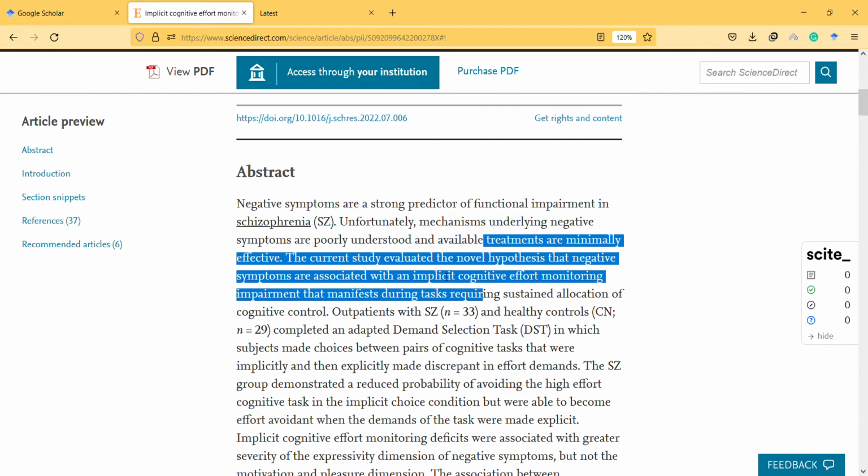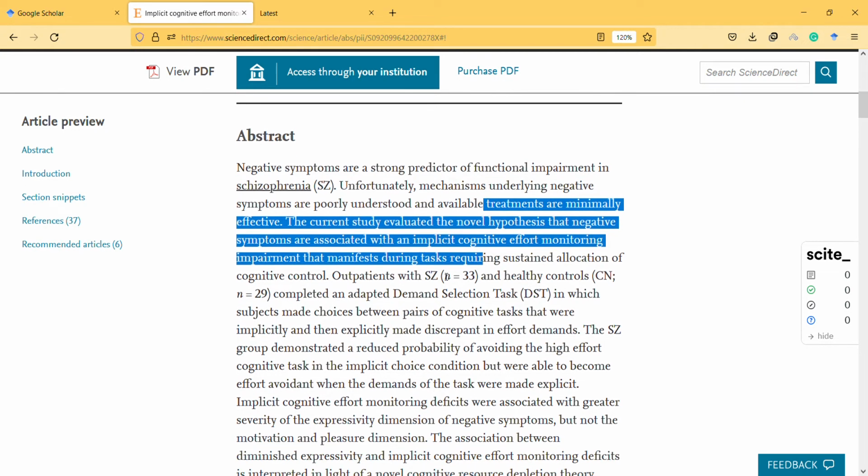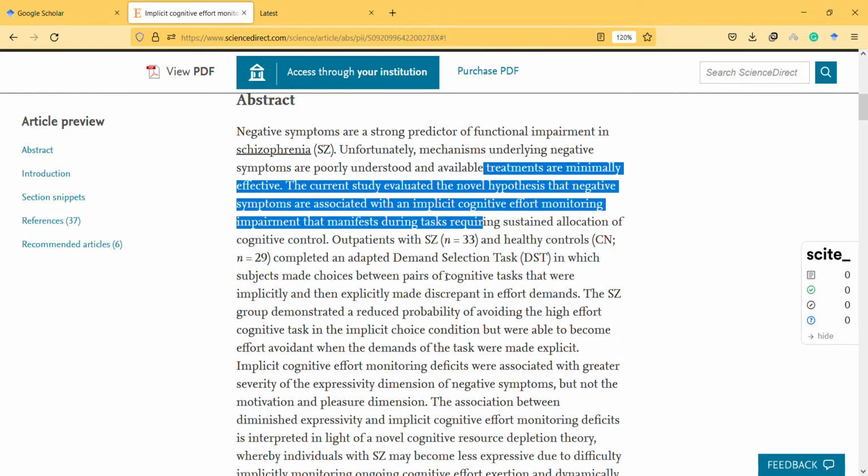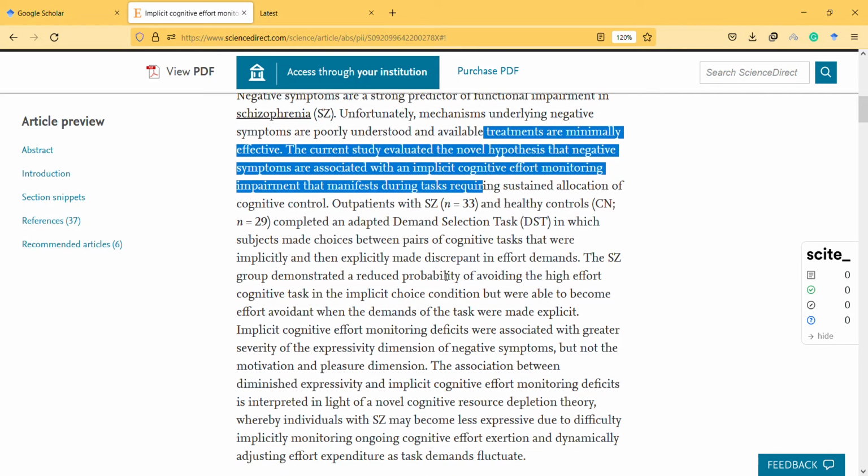The current study evaluated the novel hypothesis that negative symptoms are associated with an implicit cognitive effort monitoring impairment that manifests during tasks requiring sustained allocation of cognitive control.